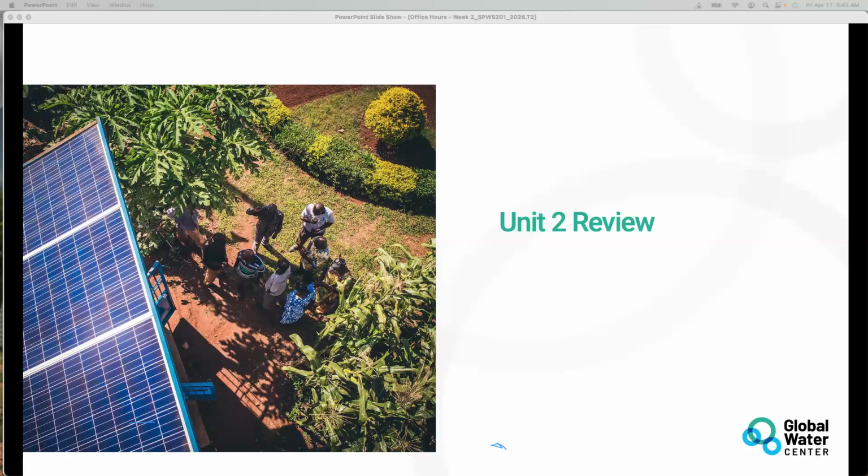Thank you very much, Yared, for your insights on the borehole schematic. My question was, is this schematic given by the Global Water Center realistic?